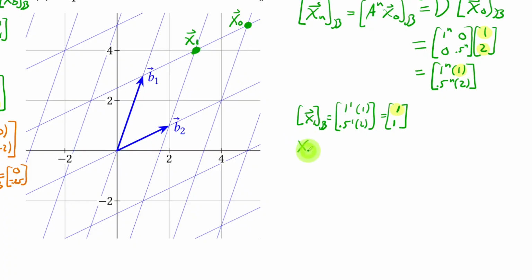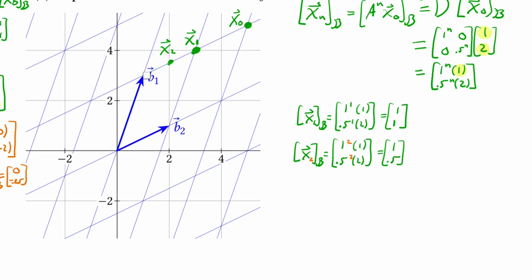Let's also get x2. Now the difference is the second coordinate, the b2 coordinate, is now smaller. The b1 coordinate is still unchanged. So we have still 1b1 plus now 1/2 b2. So that's where x2 is.